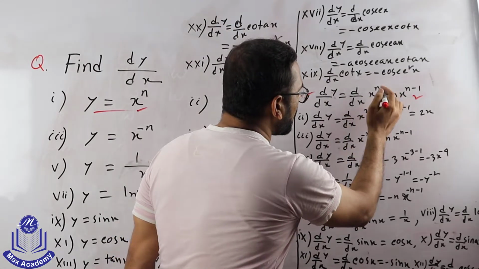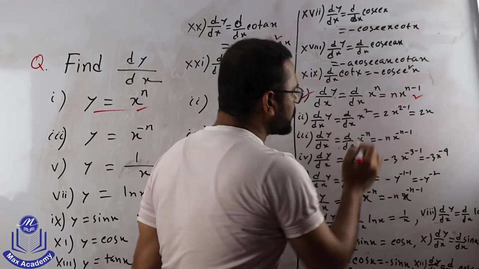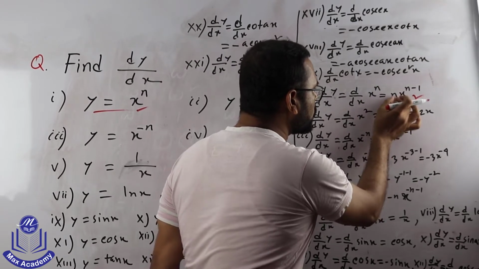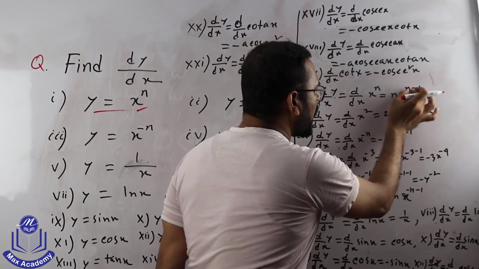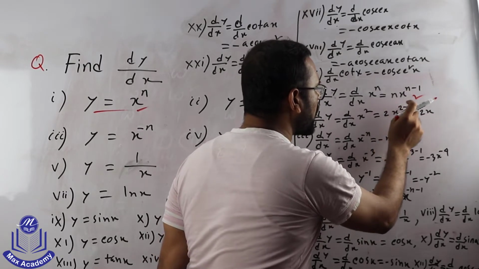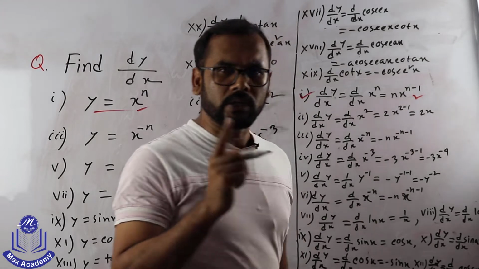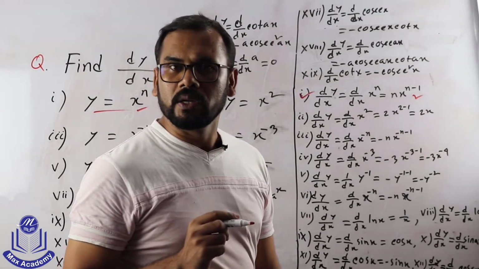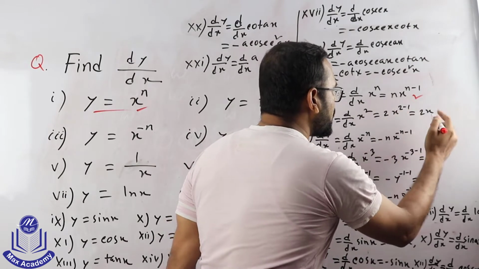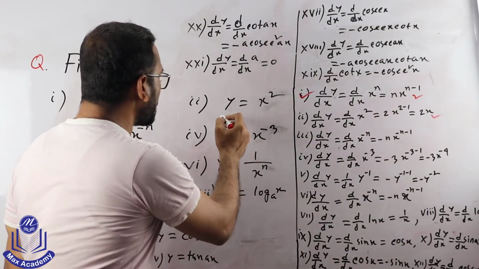Here the power is n and there is 2. So just shift this n by 2, and then it will be 2, and this n will be 2. So it will be 2 into x to the power 2 minus 1. 2 minus 1 is 1. Power 1 need not be written. So 2x. This is the solution of question number 2.